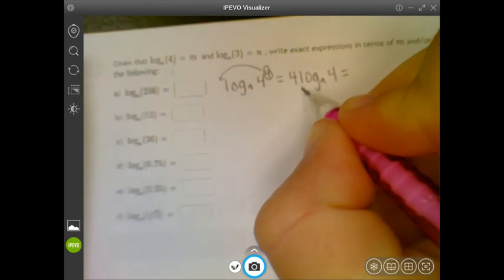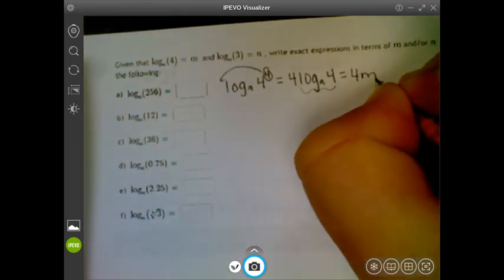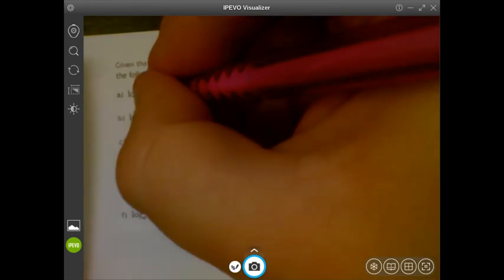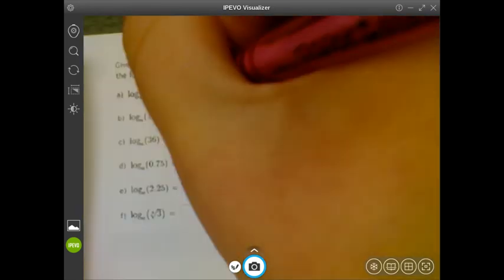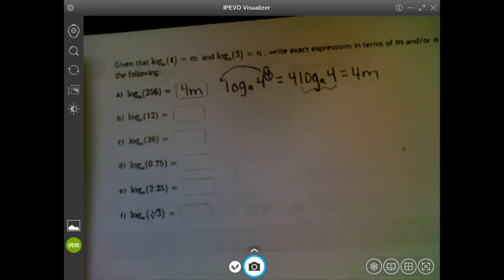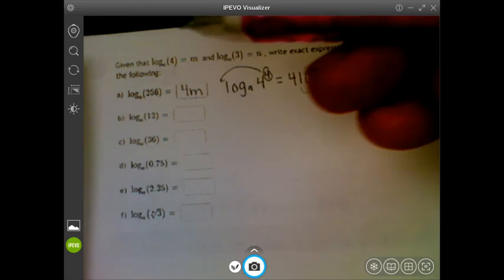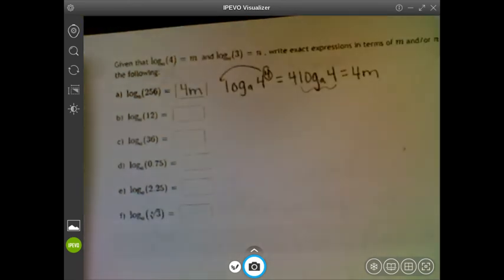So you can replace this piece right here with an m. So this is equivalent to 4m. And so log base a of 256, we would say, is 4m. It's kind of weird because they're not telling you exact values there. They're just saying, hey, in terms of m and n, try to figure out what these logs would be equal to.